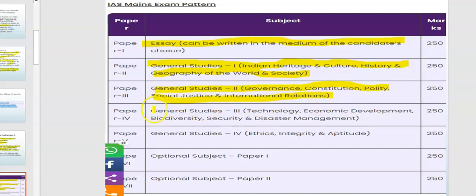Paper 4, General Studies 3: technology, economic development, biodiversity, security and disaster management. Paper 5, General Studies 4: ethics, integrity and aptitude. Paper 6, optional subject paper 1. Paper 7, optional subject paper 2. All these papers would be for 250 marks.